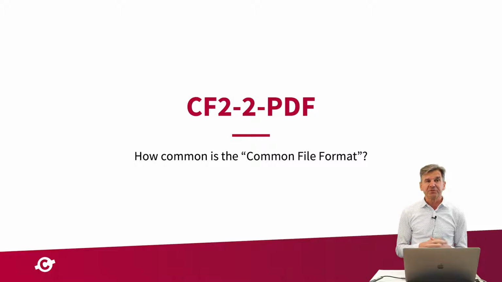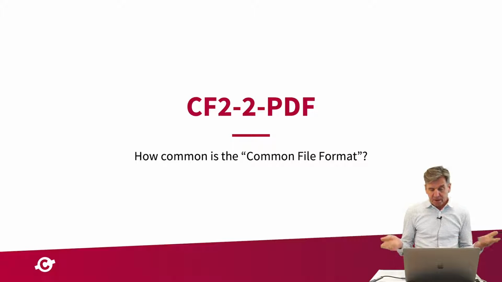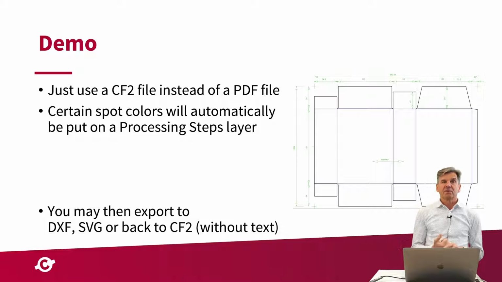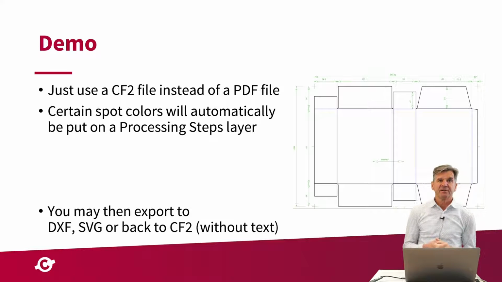So quite often you would use 3D CAD software for creating die lines. And then there is a CF2 file format, which is quite old, but it's still sometimes used. And now in pdfToolbox 15, it becomes possible to convert such CF2 files into PDF files.